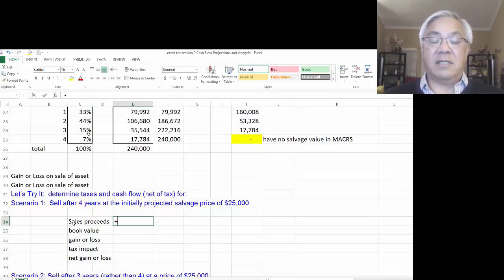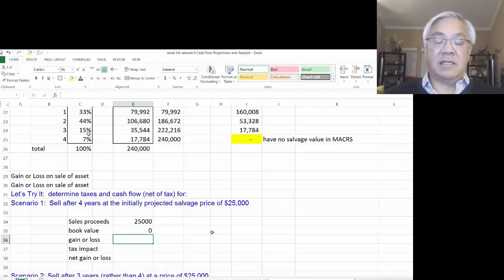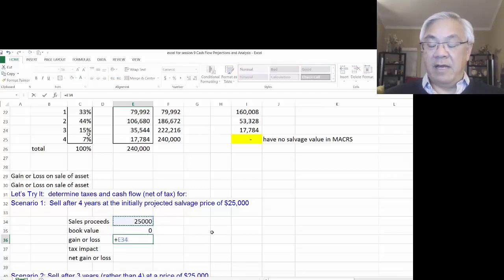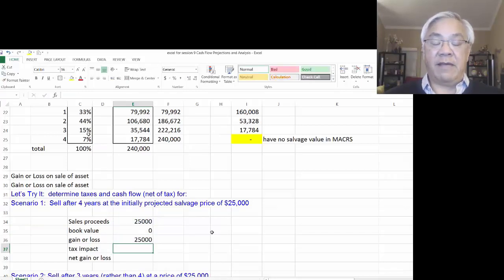The sales proceeds is $25,000. The book value at that point in time under MACRS is 0. So the gain or loss in this case would be 25 minus book value, which is a gain of 25,000.